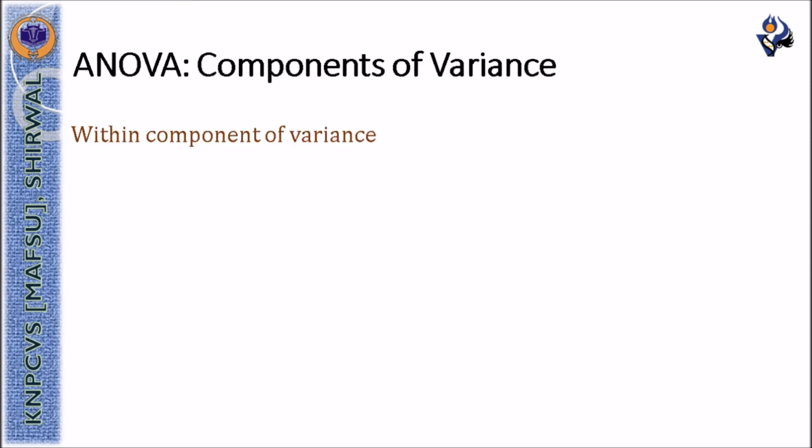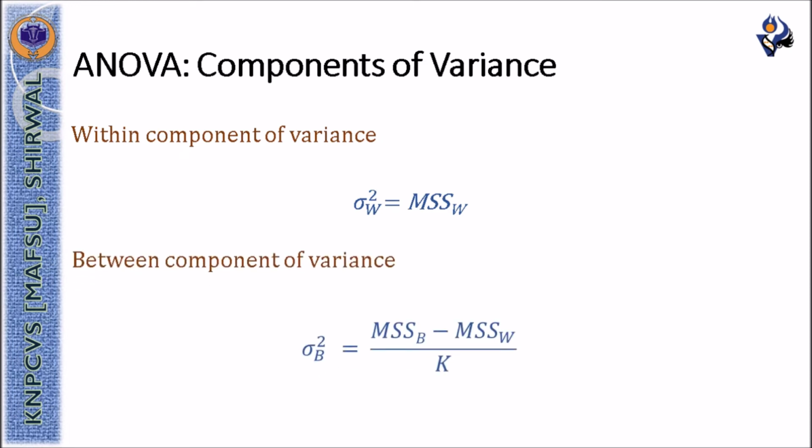Within the group's component of variance is estimated based on within the group's mean sum of squares, whereas between the group's component of variance is estimated based on between the group's mean sum of squares.